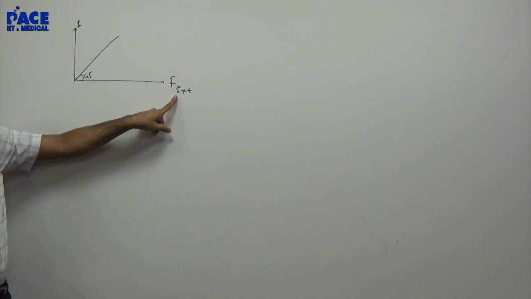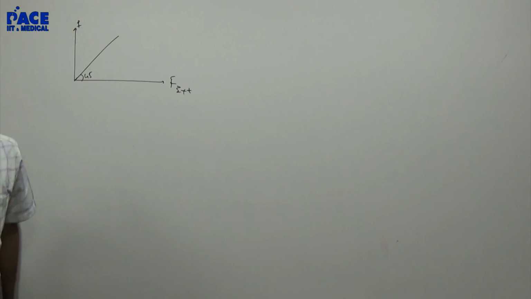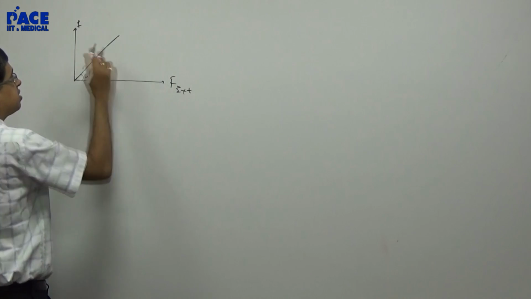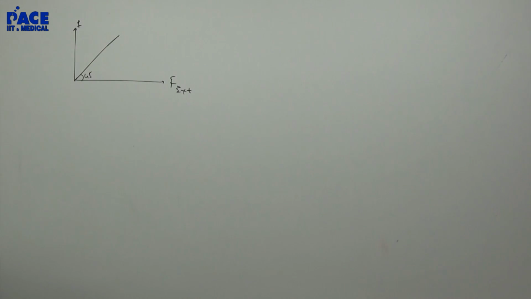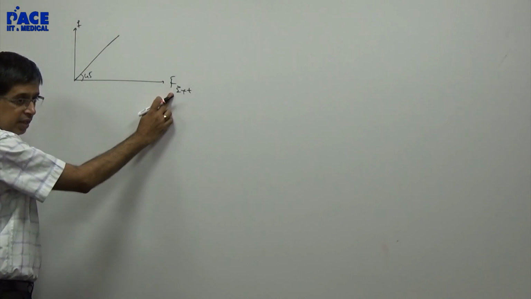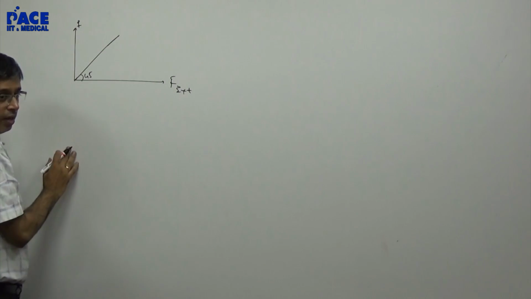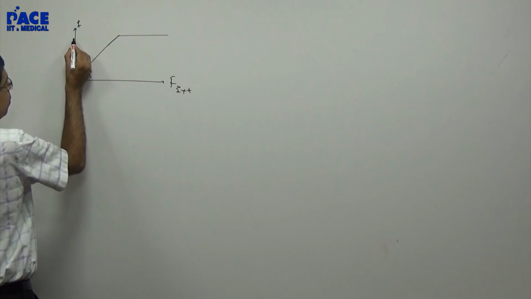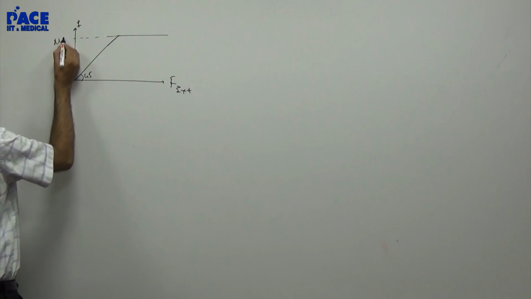Listen, F external is equal to frictional force. As and when you are applying the force, F external will be equal to the frictional force. Agreed? The moment you reach the limiting value, this will be mu n.